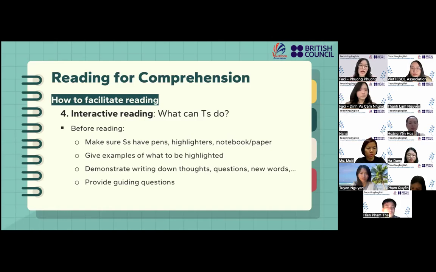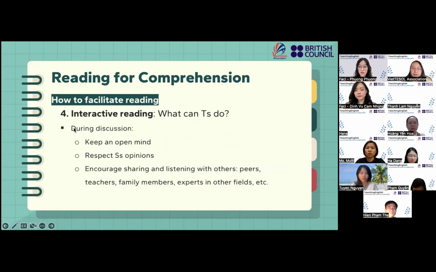Or maybe you can give the students a handout of guiding questions for them to think about why they are reading the text. So this is before reading. And then during the discussion, make sure that you keep an open mind and respect students' opinions.